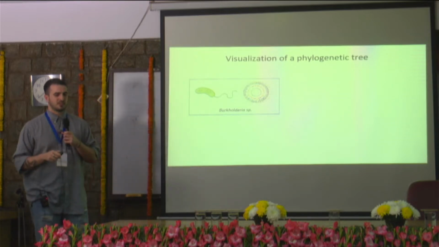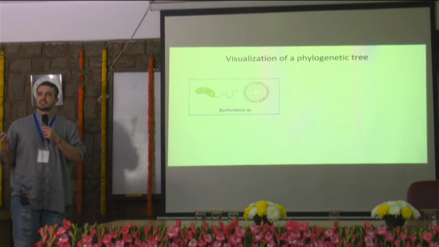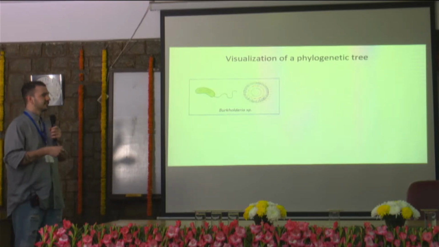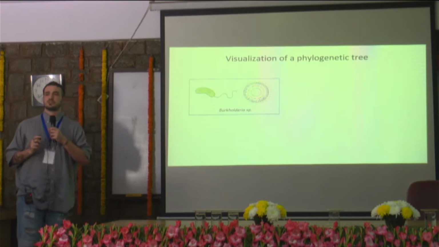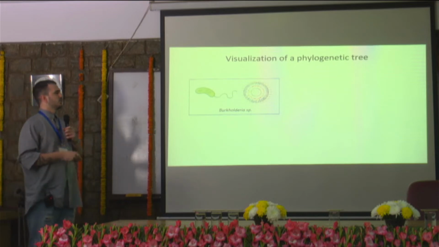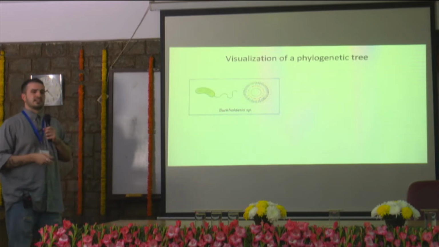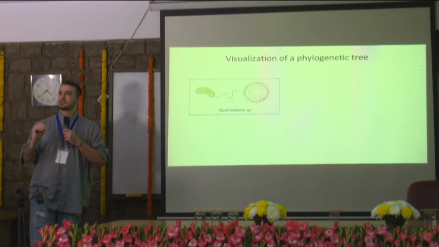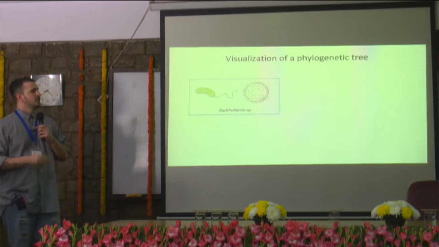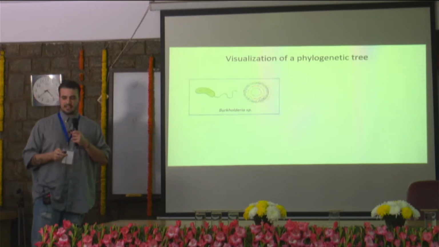I'm completely sure, but not about the species. So you are like, okay, it's nice to know that it's a Burkholderia, but I want to know also the species. So you do the assembly, as Luisa said, all the steps, you check the quality of your assembly, you have a good quality genome.